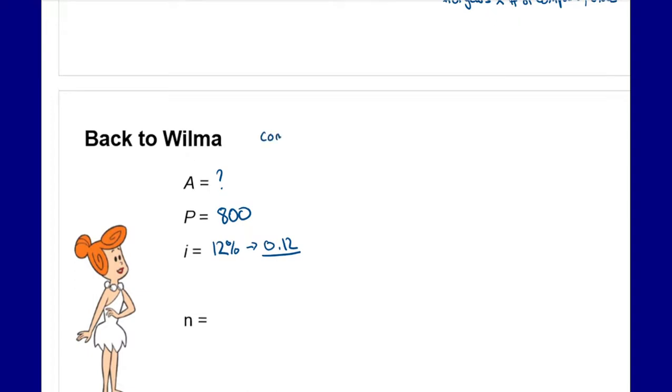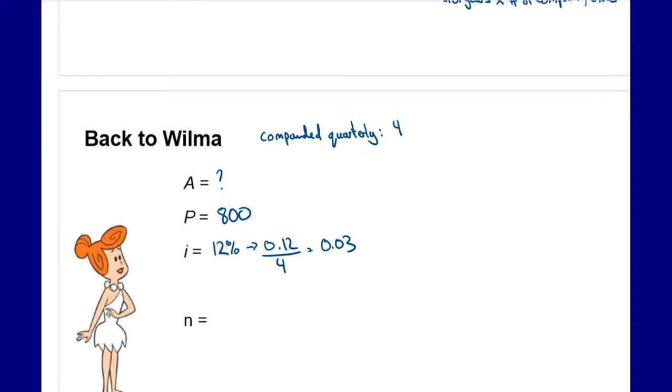So because this was compounded quarterly, our compounding number is 4, because there's 4 compounding periods in a year when it's quarterly. So we're going to take that 12%, or that 0.12, divide it by 4, get 0.03, or essentially 3%.